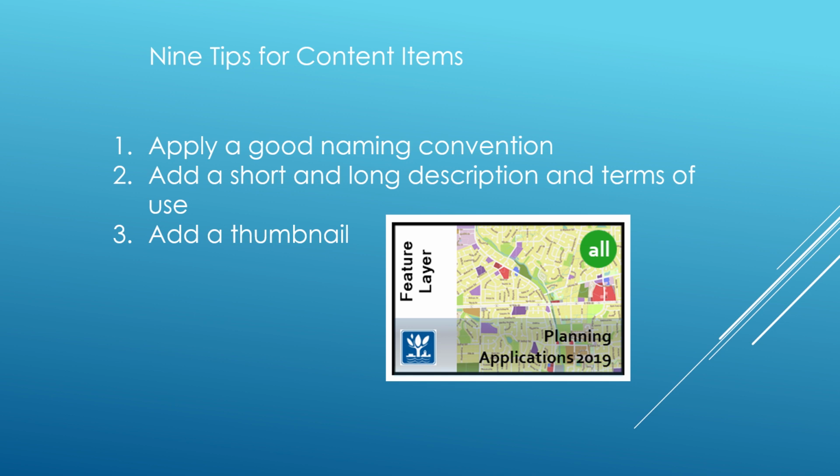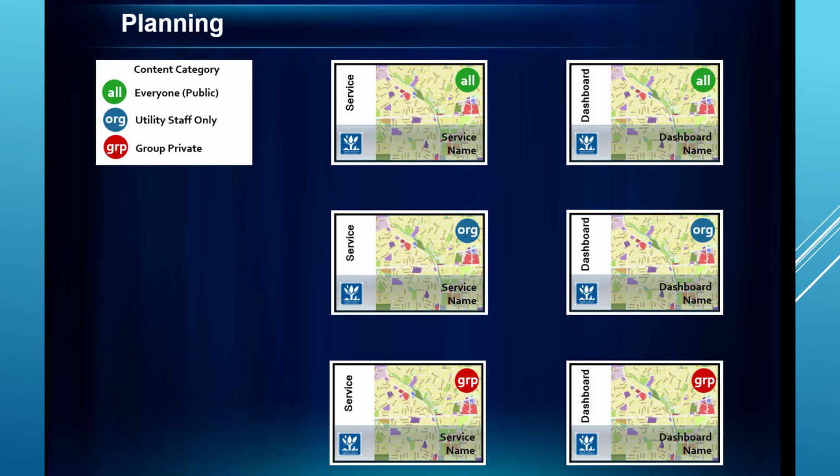Add a thumbnail. Again, try and keep the style consistent. Here I've used an Esri supplied local government pack, which includes a PowerPoint containing suggested layout for your thumbnails. The layout has room for your organization, what's being shared.